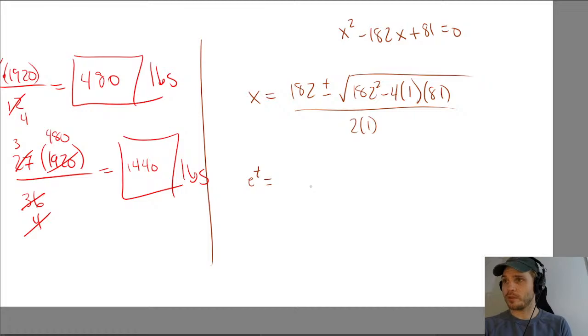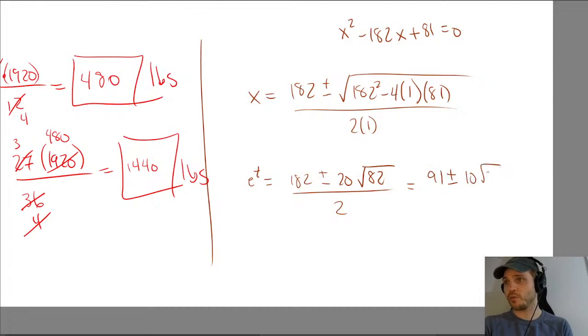Okay, so this is going to be 182 plus or minus 20 root 82 over 2, which is going to give us 91 plus or minus 10 root 82. Okay, so e to the t equals those two numbers.